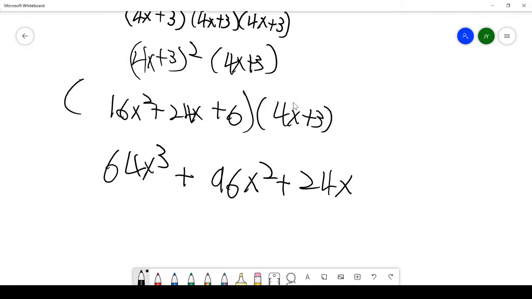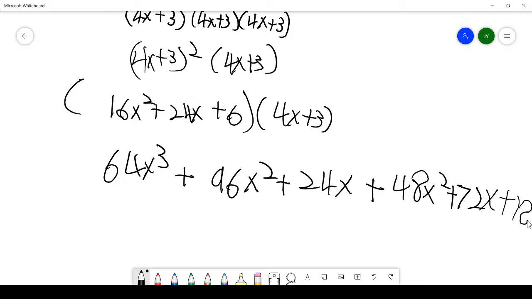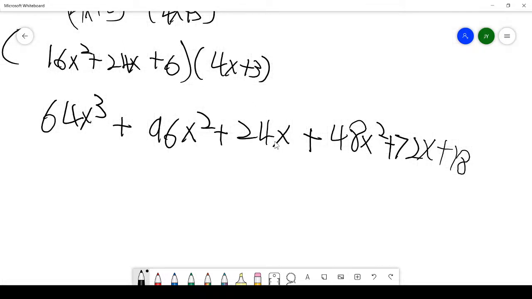And after that, you multiply the 3 to get 48x squared plus 72x plus 18. This is more or less what you end up with.